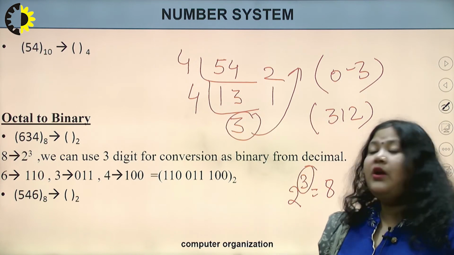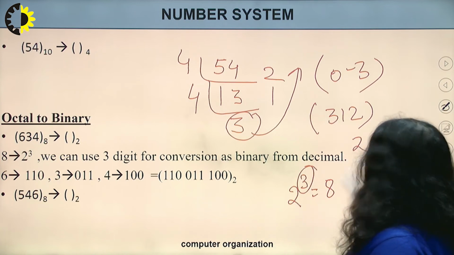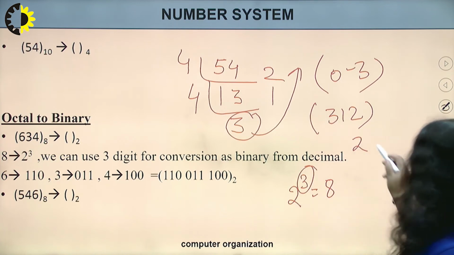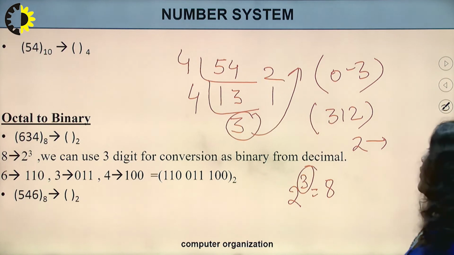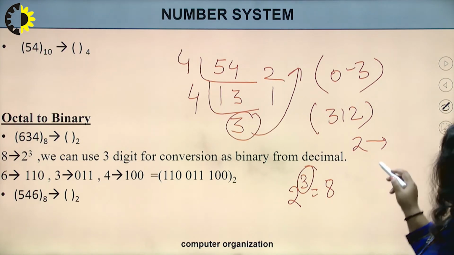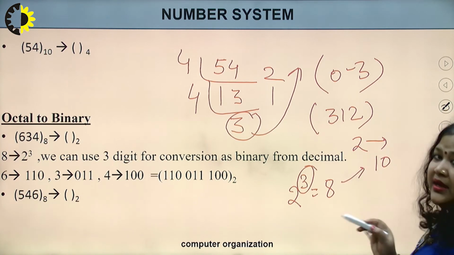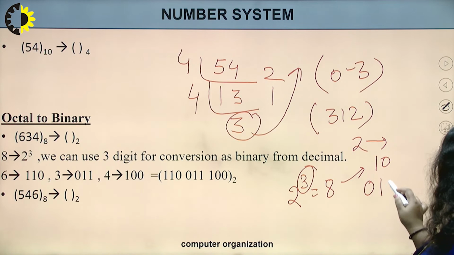So for the representation of 2 in octal, the binary is 10, but in the octal representation we take 3 bits. So it is 0 1 0.